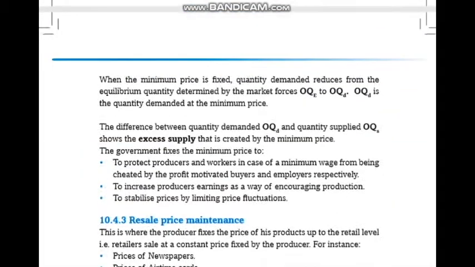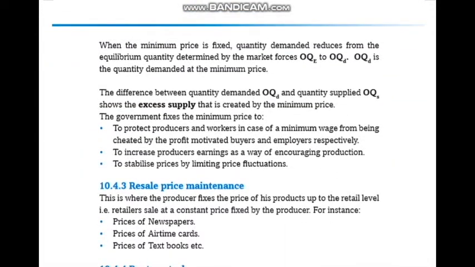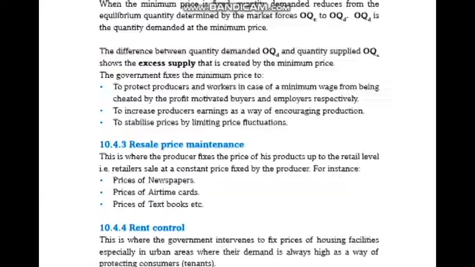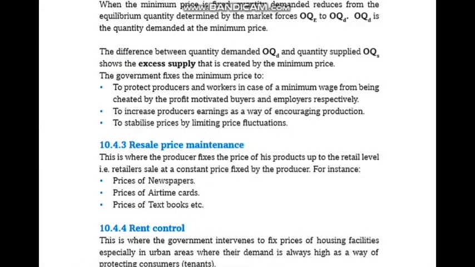So, when the minimum price is fixed, quantity demanded reduces from the equilibrium quantity determined by the market forces, OKE, to OKD. OKD is the quantity demanded at the minimum price. So, the difference between quantity demanded OKD and quantity supplied OKS shows the excess supply that is created by the minimum price.